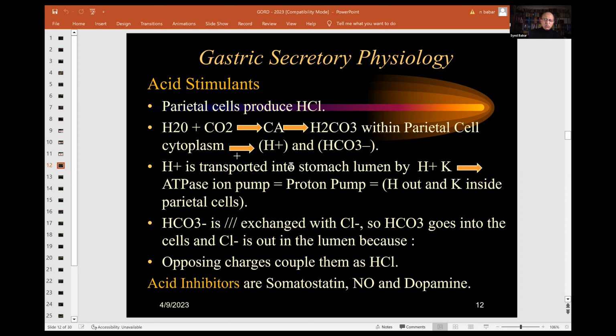In other words, once the acid eventually reaches the small intestine, it leads to the release of other hormones and structures such as somatostatin, nitrous oxide, and dopamine, released from the enterochromaffin cells of the small intestine, which go back via blood and slow down the parietal cells. So as the hydrochloric acid reaches the small intestine, the production of acid diminishes. It's a negative loop.